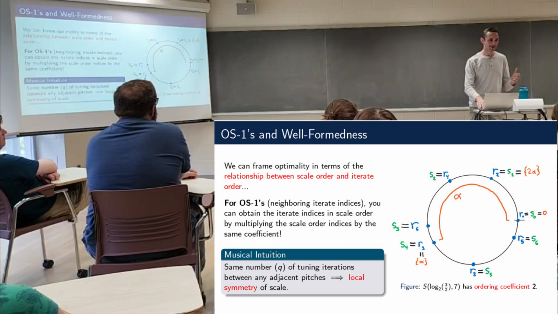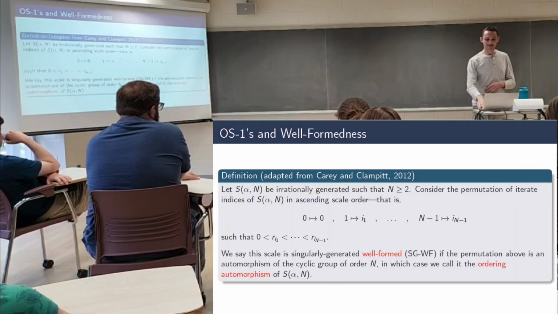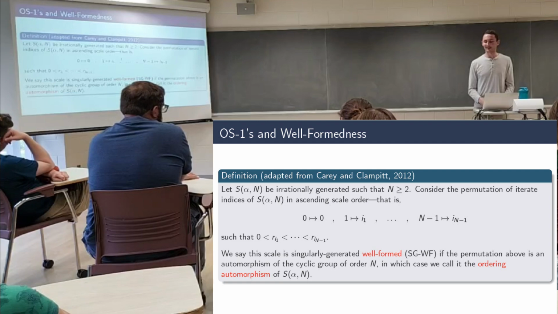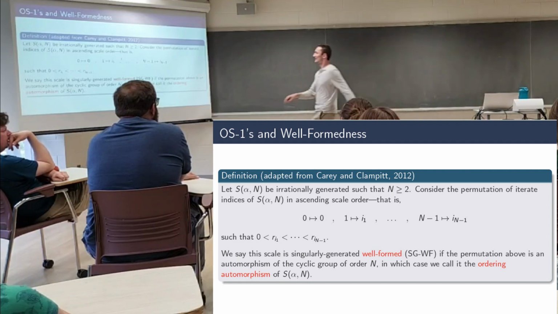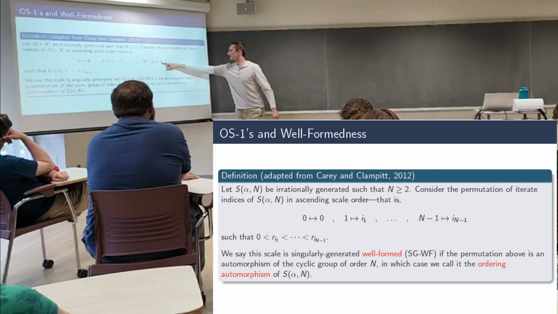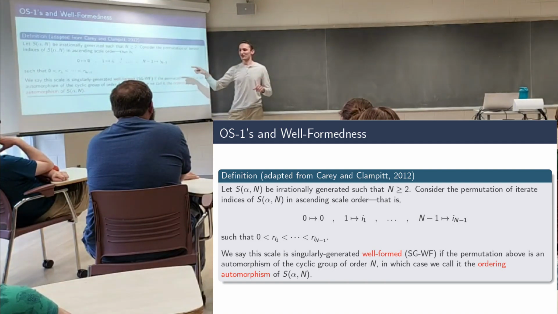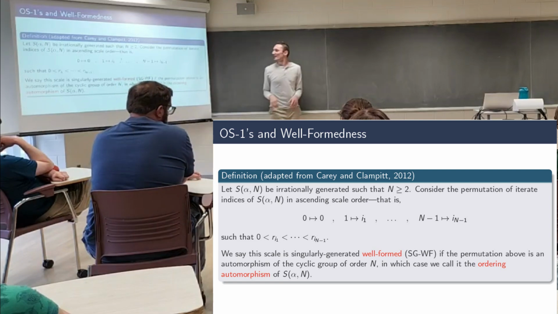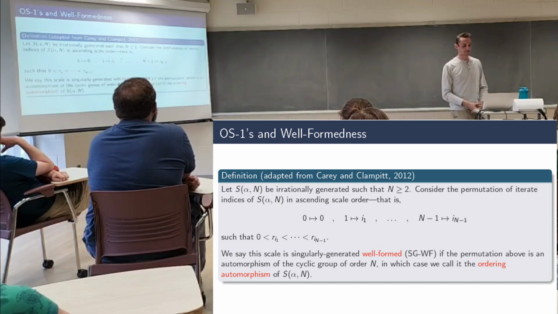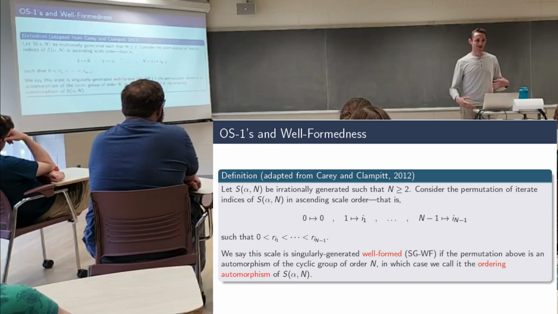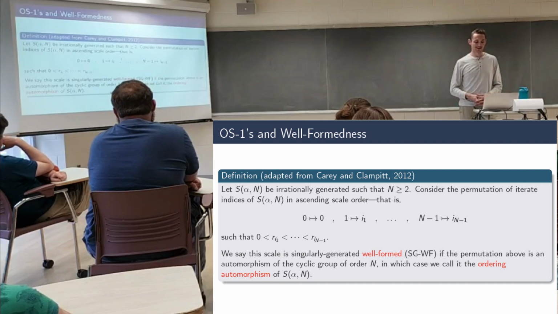So here's the formal statement for that. If we consider the permutation of iterate indices in ascending scale order, where the I subscripts are just the iterate indices as you go counterclockwise around the scale, we say that the scale is singularly generated well-formed if that permutation is an automorphism of the cyclic group of order n.